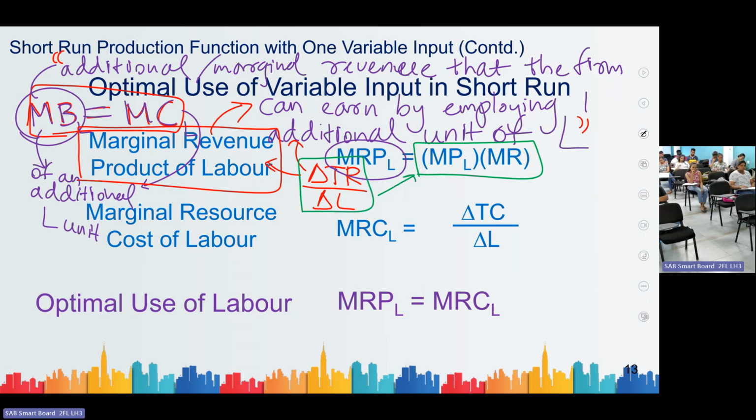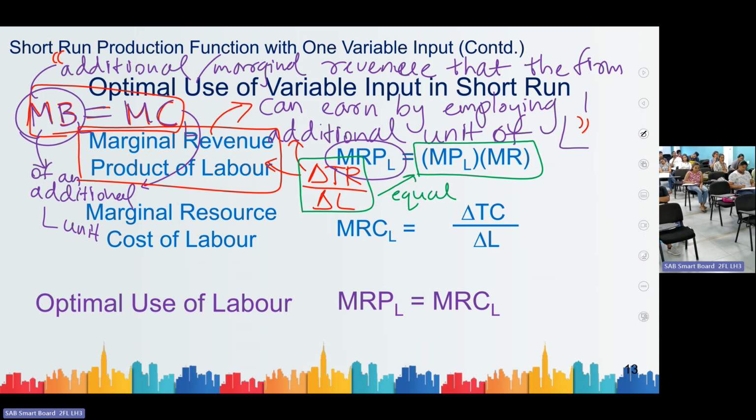The same thing, but in different ways; they are equal. Change in total revenue divided by change in L, we can measure as MPL into MR. That is what? Marginal revenue product of labor.